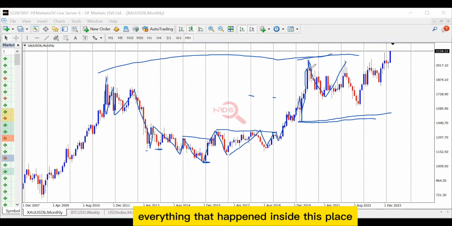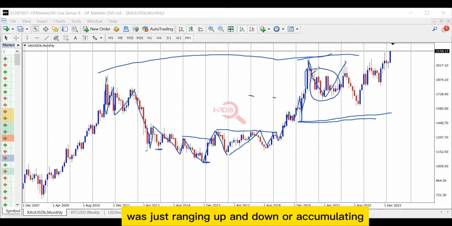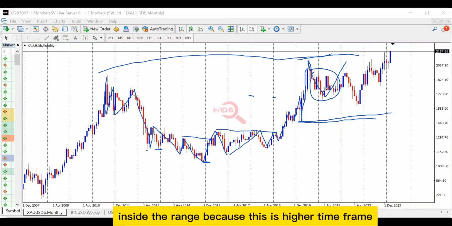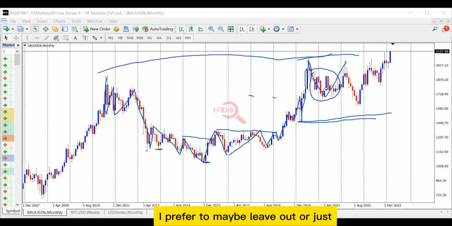So everything that happened inside those places is within range trading. Market was just ranging up and down or accumulating up and down. All right. But people still find opportunity inside the range because this is higher time frame. I prefer to maybe leave it out or just know how I'm going to find my way around it.